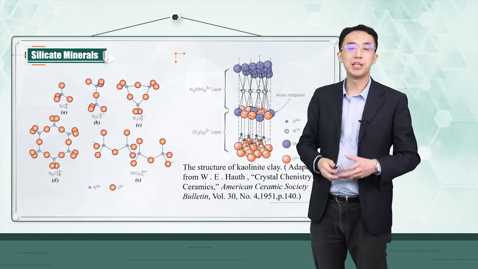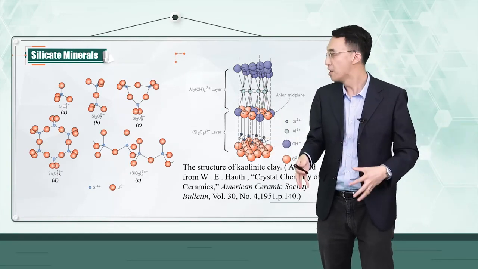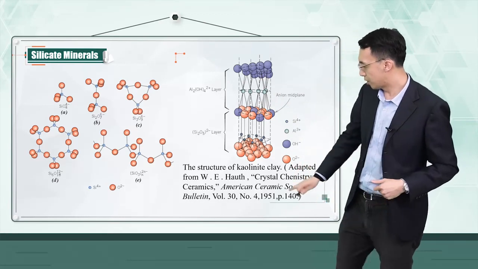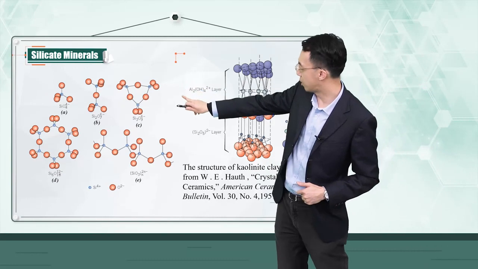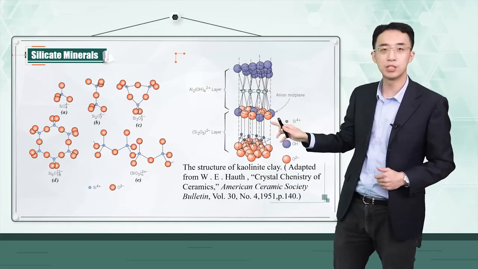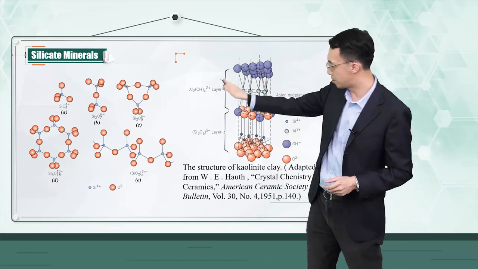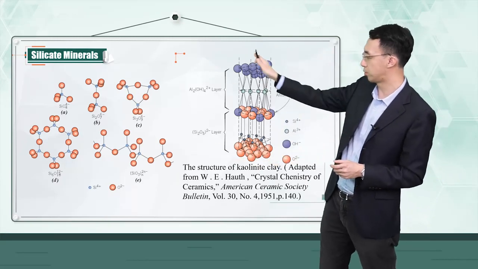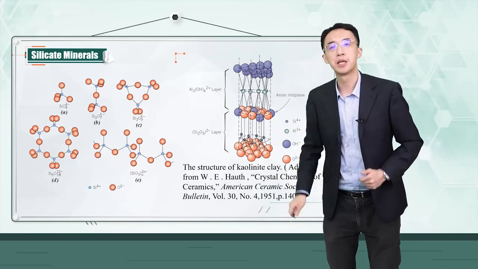And you may have even more complex structures by putting more cation types in. For example, in the so-called kaolinite structure, you have additional cations of aluminum put into the simple silicon-oxygen tetrahedron. And you end up with a much, much more complex crystal structure for this kaolinite mineral.